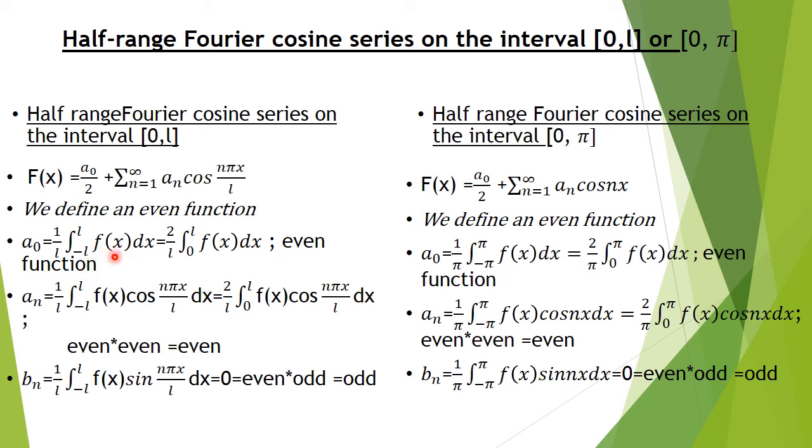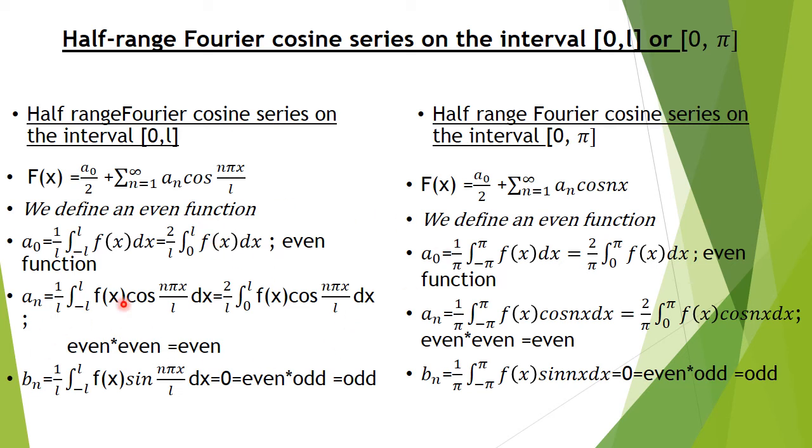But f of x is an even function. If it is an even function, what happens to the integration? Whenever we have minus to plus, it becomes 2 times the integral 0 to L f of x dx. So the a naught value is equal to 2 by L integral 0 to L f of x dx.